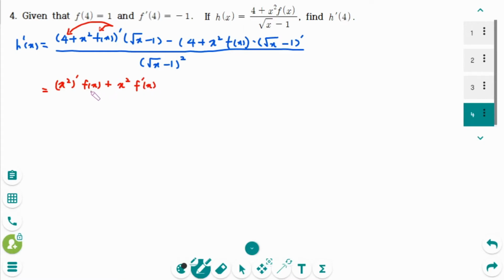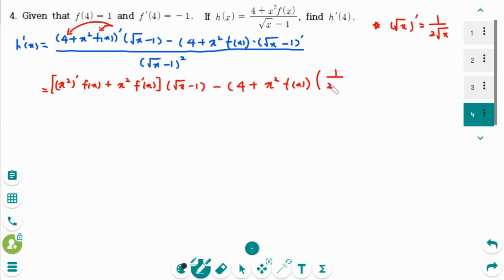of x, times square root of x minus 1 minus, keep this one, 4 plus x squared f of x. Then do you remember square root of x prime equals 1 over 2 square root of x. So 1 over 2 square root of x minus 1 prime equals 0 over square root of x minus 1 squared.